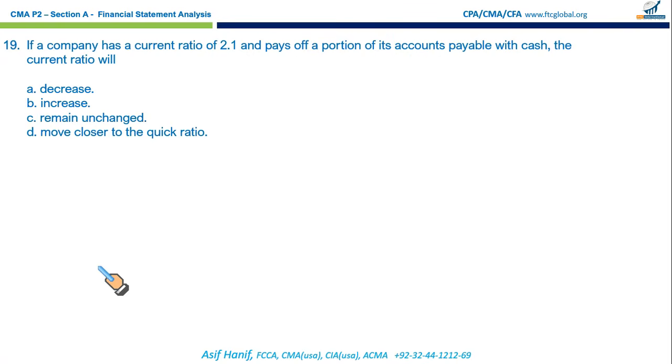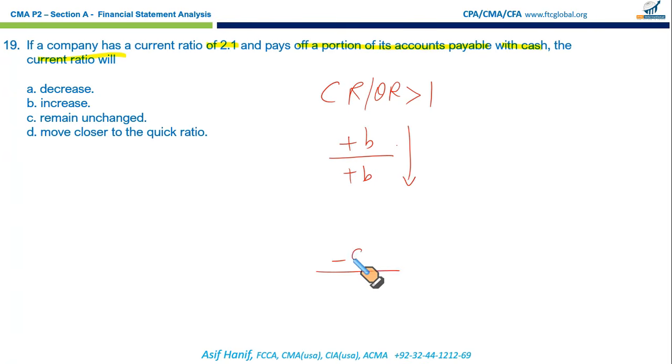If a company has a current ratio of 2.1 and pays off a portion of its accounts payable with cash, what will happen? Here we would use that arrangement. If the current ratio or the quick ratio, whatever we are considering, is greater than 1, and a transaction causes a similar change in numerator and denominator, an addition causes the ratio to deteriorate, and a reduction will cause the ratio to improve.